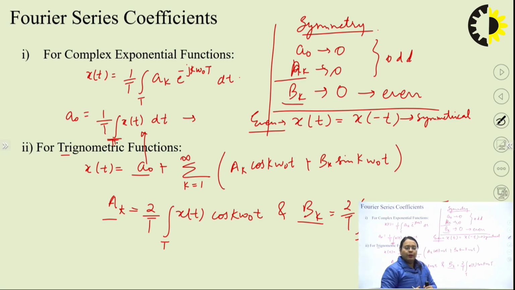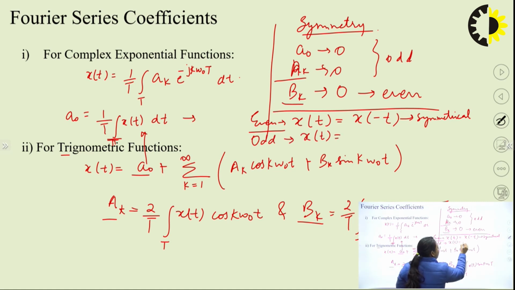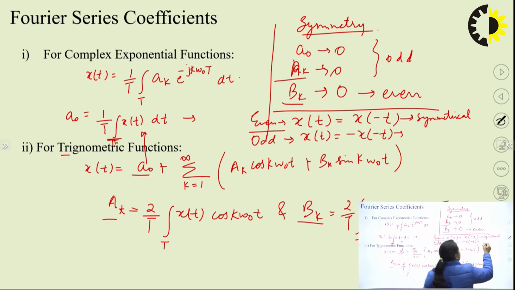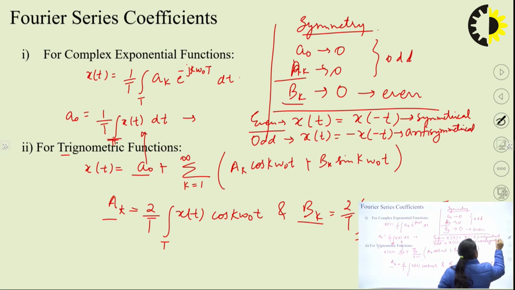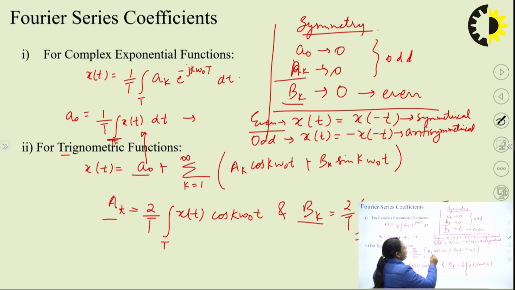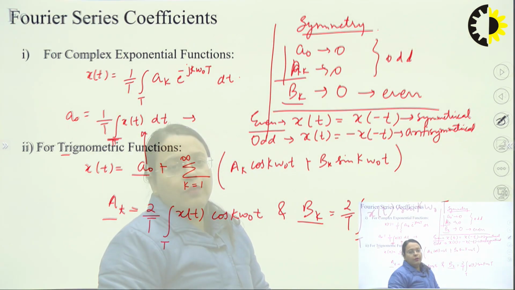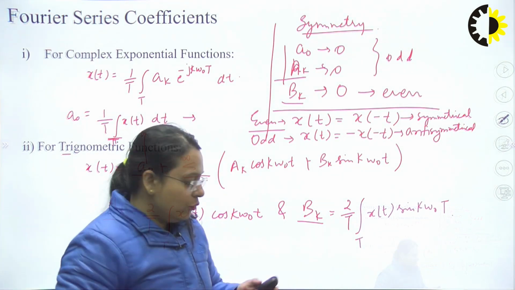And for an odd signal, x(t) will be equal to minus x(-t). That means the signal is anti-symmetrical about the origin. For an odd signal, the coefficients a naught and ak come out to be 0, and for the even signal bk will come out to be 0.